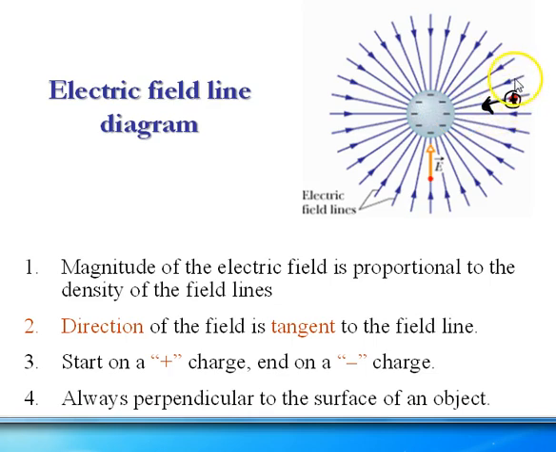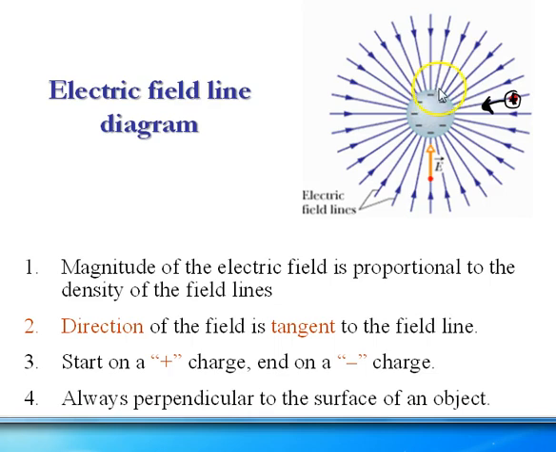And our electric field lines point in the direction of the force that would be exerted on a positive test charge. So the rule for these electric field line diagrams is that the magnitude of the electric field in this space is proportional to the density of the field lines.